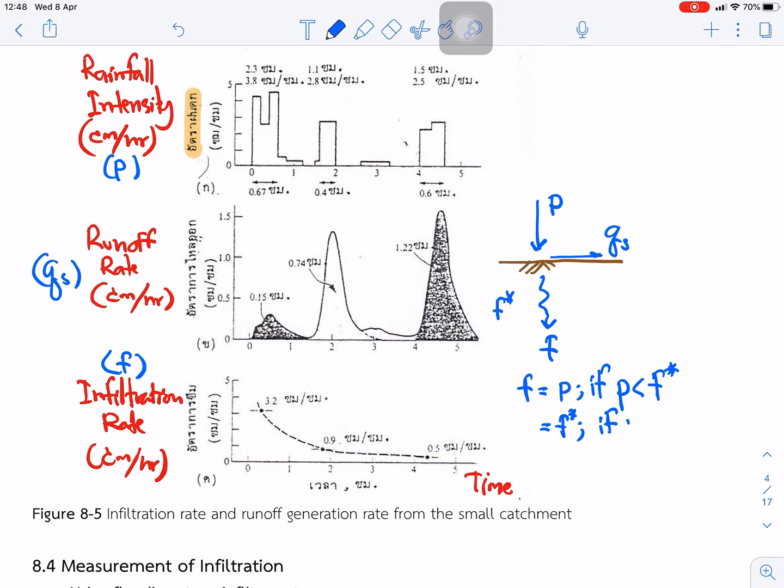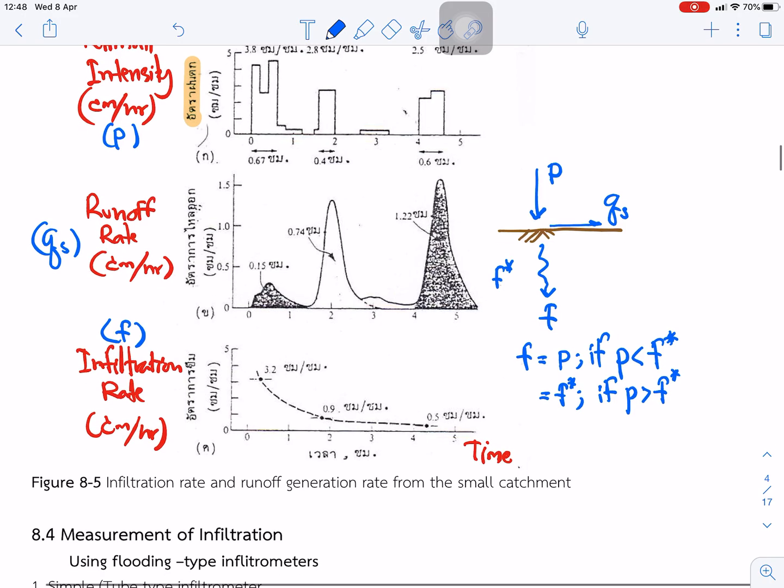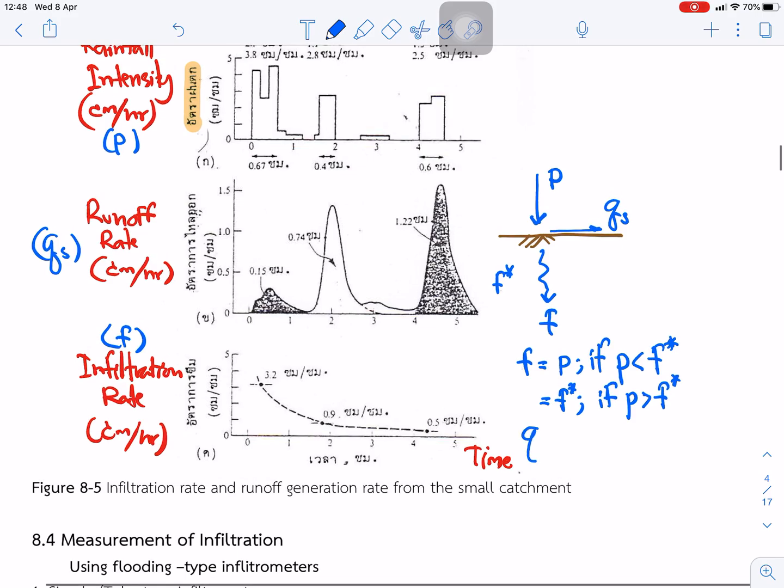But if rainfall is greater than the infiltration capacity, the infiltration is equal to the infiltration capacity F star. And QS is 0 because all the rainfall infiltrated under the condition P less than F star.